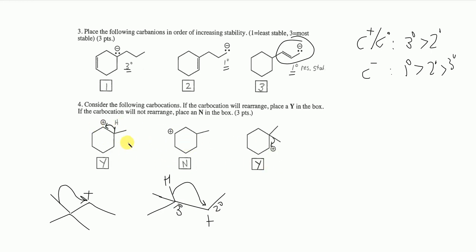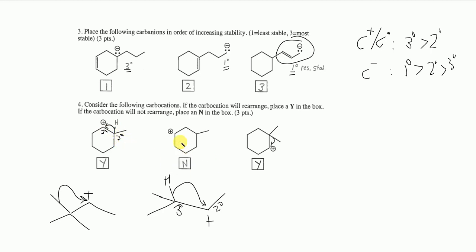So for the first one, I have a carbocation, and next to it is a carbon group that has 3 carbons attached to it and a hydrogen. And so essentially I can do a hydride shift over here. It's stable. I'm going from a secondary carbon to a tertiary carbon. Okay.